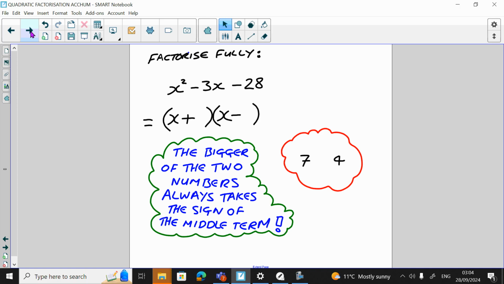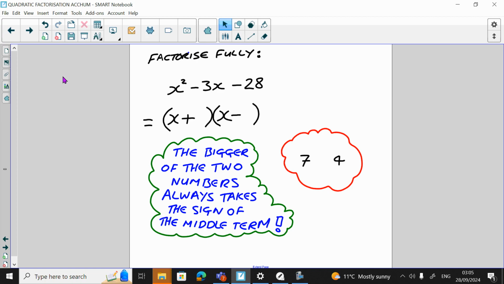Please take note of this here. Using this system, we have 7 and 4 here. Let's say the bigger of the two numbers always takes the sign of the middle term. This is a middle term. Okay, it's not always the middle term, but we put it in order of powers. We'll speak about that at another date.